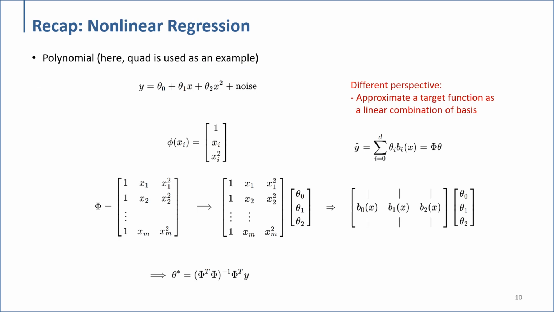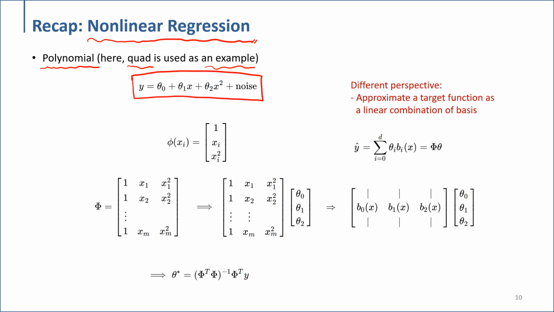Let's revisit the nonlinear regression that we learned last time. As an example of nonlinear regression, we learned polynomial regression, and for that, we took a quadratic equation as an example. For polynomial and nonlinear regression, our objective is finding the proper theta values for this quadratic equation.